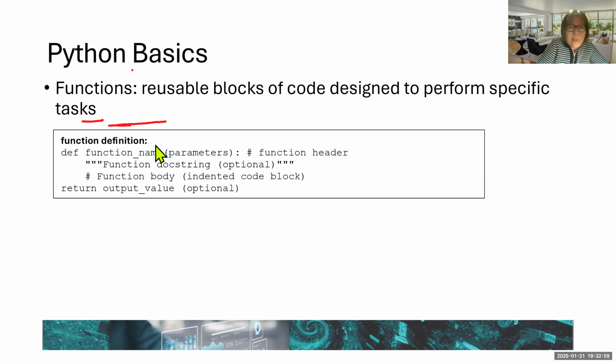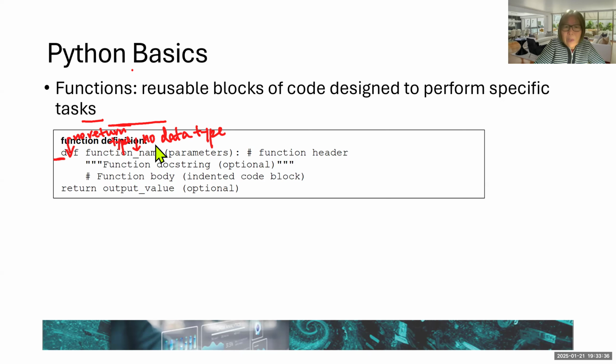In Python, the function definition must start with def, this keyword, followed by the function name and then the parameters. And be careful, this is also different from other programming languages. Before the function name, there is no return type needed. And for the parameters, no data type. So no data type, and no return type, not needed.